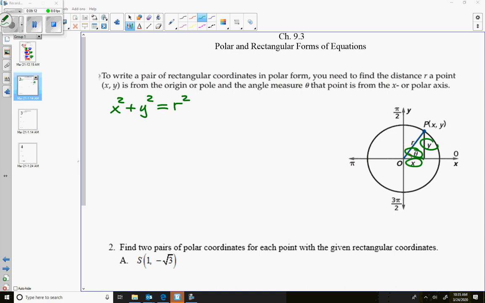So tangent of theta equals y over x, which means theta is the tangent inverse of y over x. So again, those are the formulas you need to know. X squared plus y squared equals r squared, and theta is the tangent inverse of y over x.